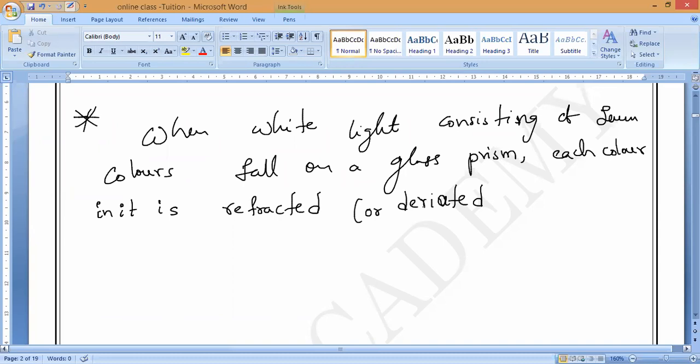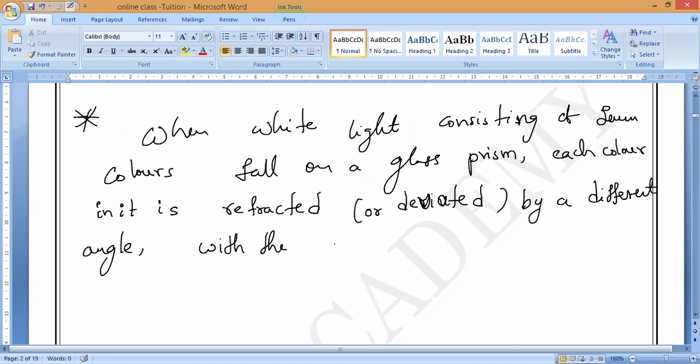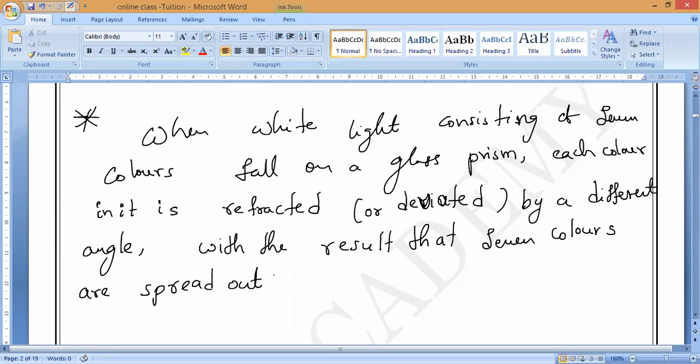Light is deviated by a different angle, with the result that the 7 colors are spread out to form a spectrum.